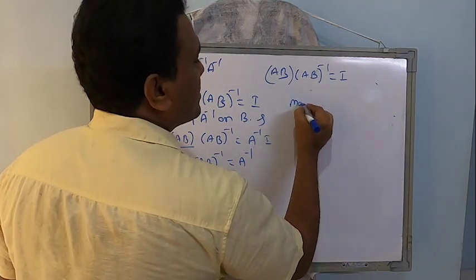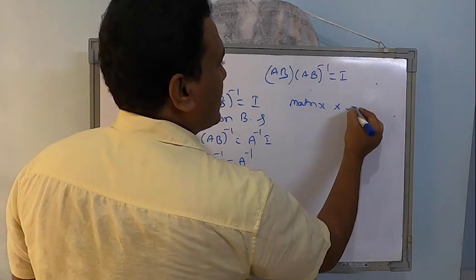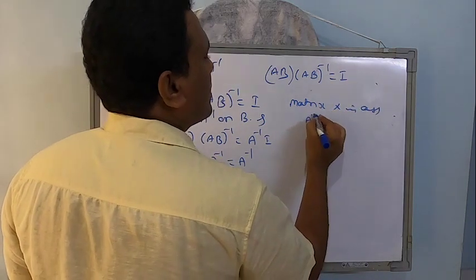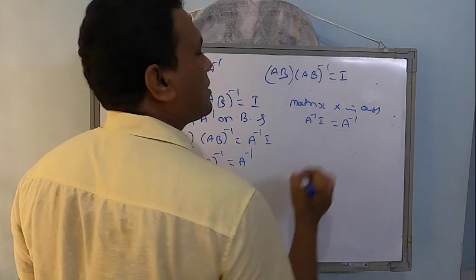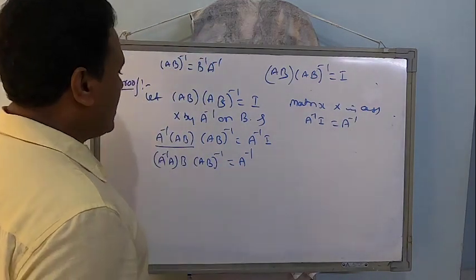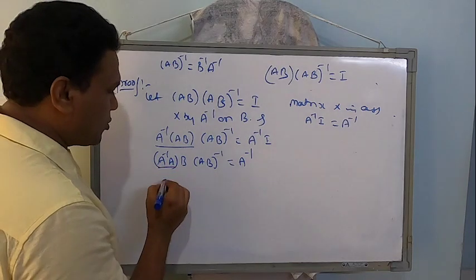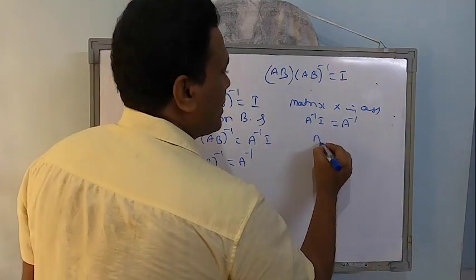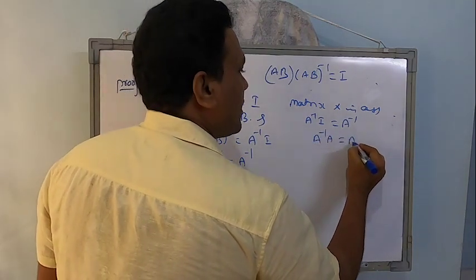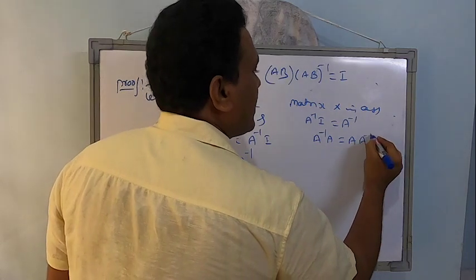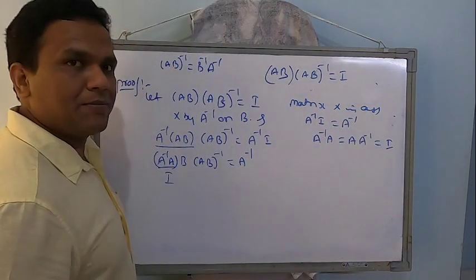One is that matrix multiplication is associative, the other is that A inverse multiplied by I is nothing but A inverse. And A is already invertible. That means A inverse into A is nothing but I, because I already gave the definition: A inverse into A is equal to A multiplied by A inverse, both equal to I.